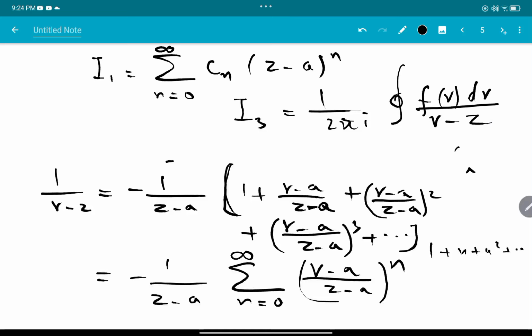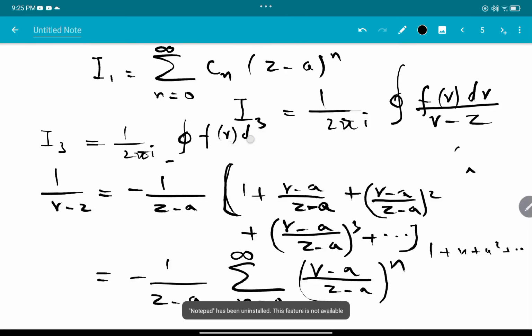I don't have any space available here, so let me try to accommodate it here. I3 is equal to 1 by 2 pi I, then f gamma d gamma.